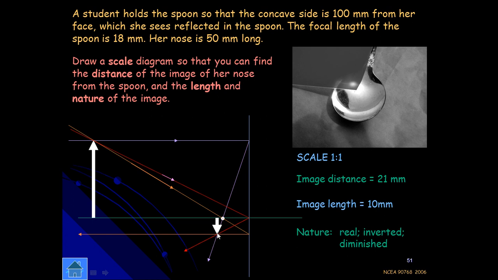If you have to do any scaling, obviously scale appropriately. Don't forget to describe the image, and by just literally taking a ruler and measuring it, you'll find the appropriate size.